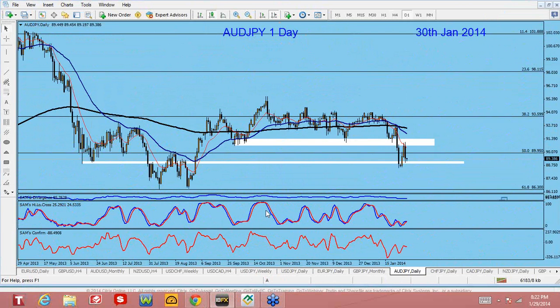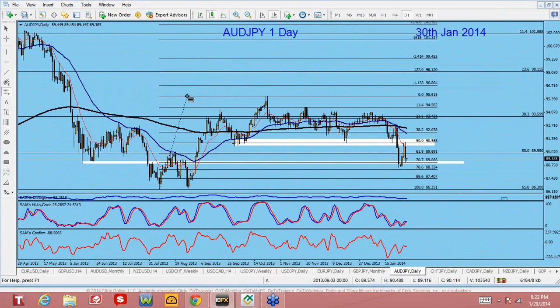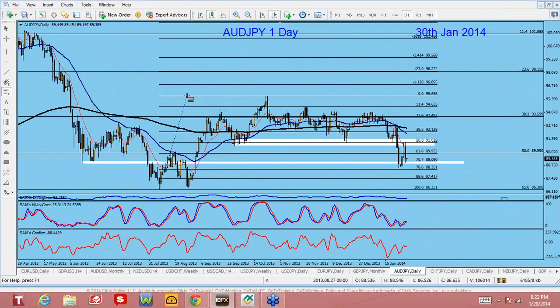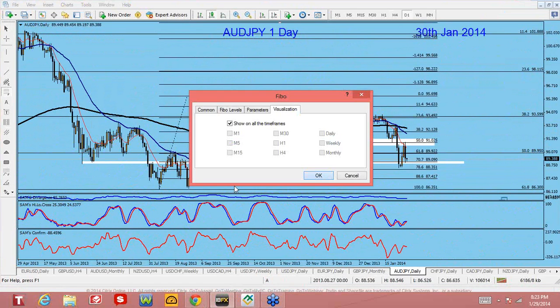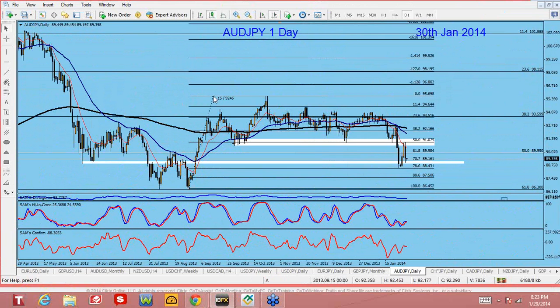Aussie yen is sitting on this support very nicely, and the fib area is here. You see how nice and clean it touches.